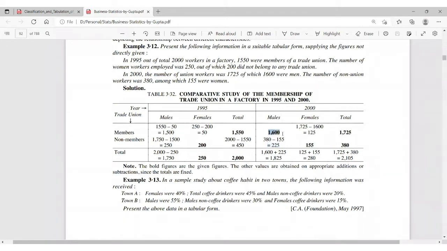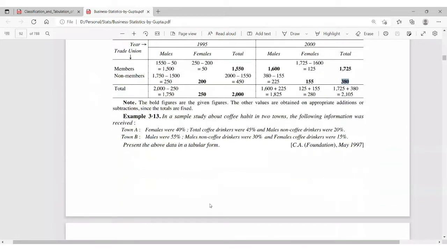Now add this 1600 plus 225, we get the total. Similarly, female 125 plus 155, we get this. 1725 plus 380, we get this. Is that clear? Yes, sir. Got it.